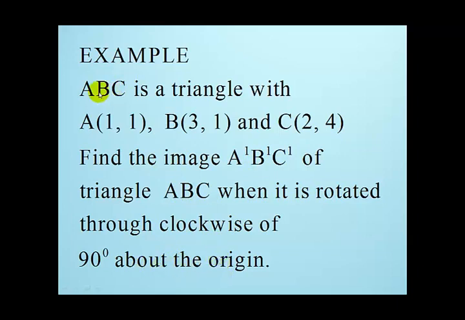So from the question, ABC is a triangle, so the vertices are A(1, 1), B(3, 1), and C(2, 4). Now we have to find the image A', B', C' of triangle ABC when it is rotated clockwise through 90 degrees about the origin. Now let's look at the solution.